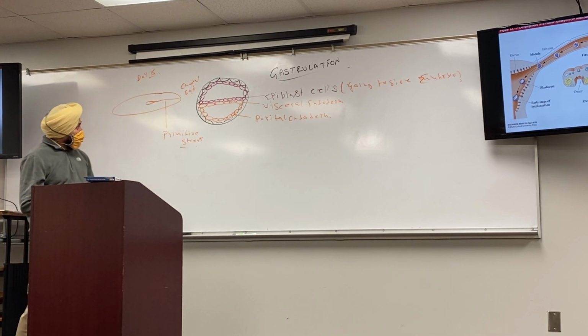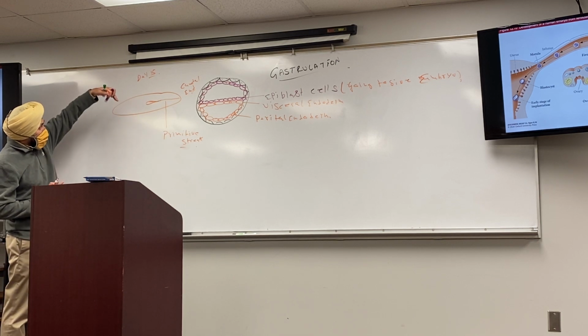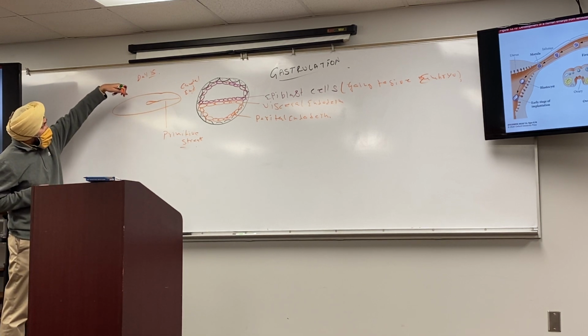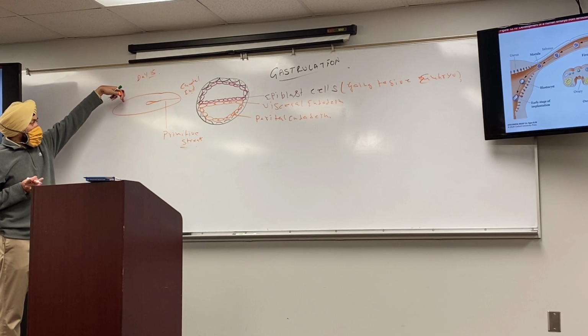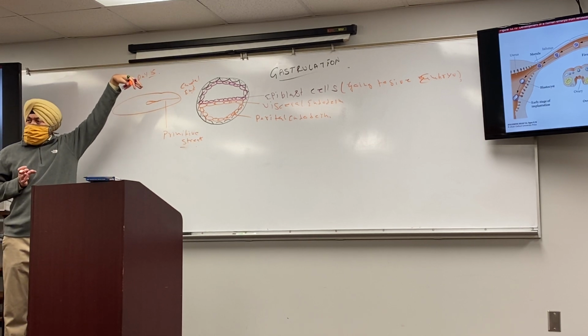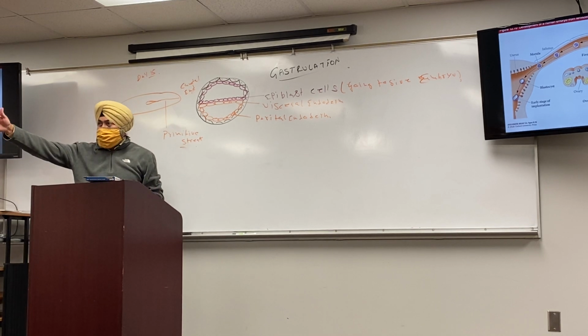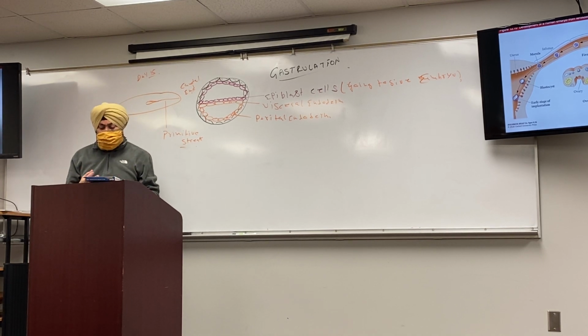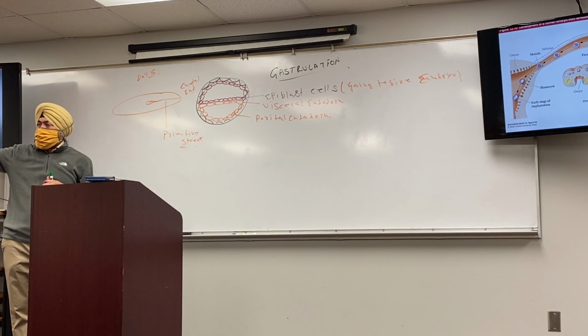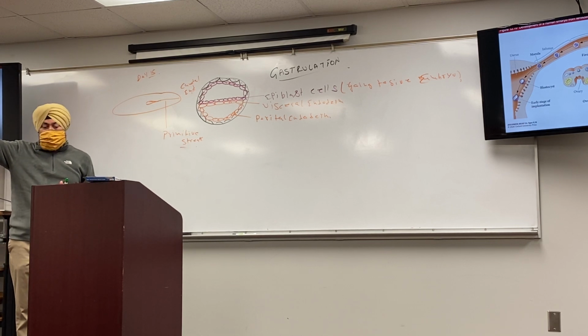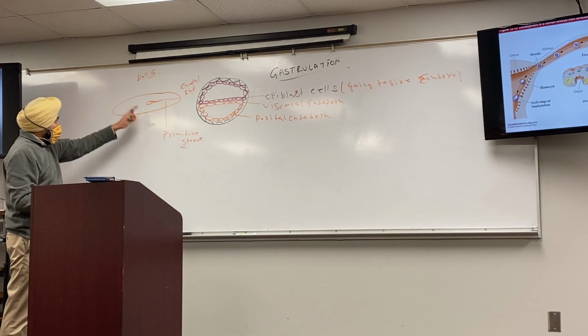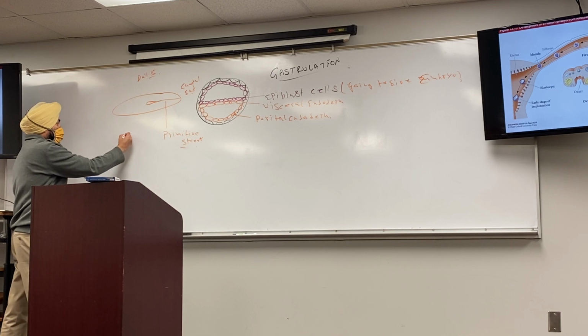Now, this streak is interesting because right now you get which side will be the anterior side and which side will be the posterior side. That means which side will be the cranial side and which side will be the caudal side.